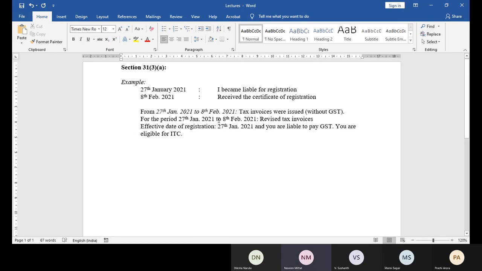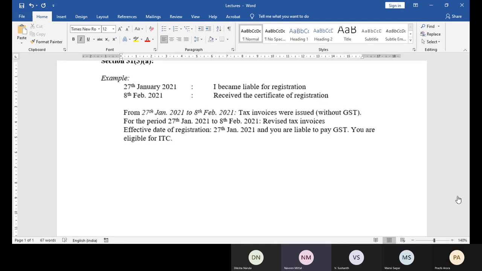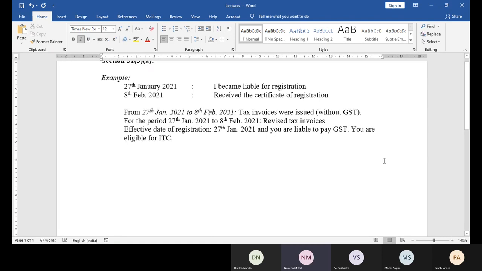From 27 Jan till 8th Feb, this period when you were liable for registration but you didn't have the certificate, for this period you must have issued tax invoices, but those were without GST. This is sure.